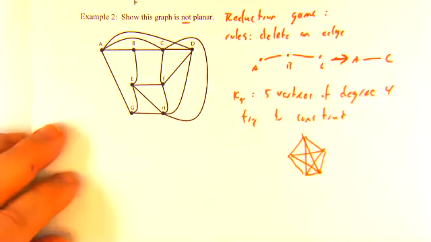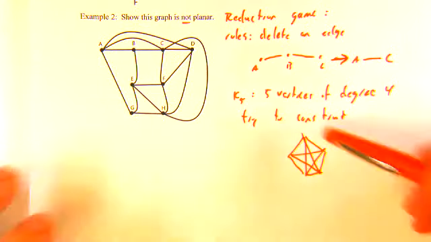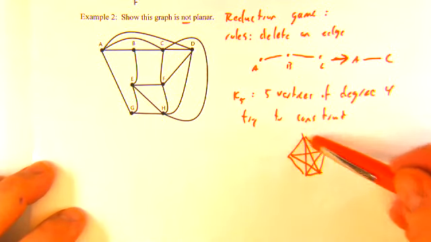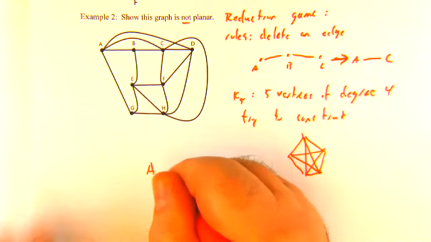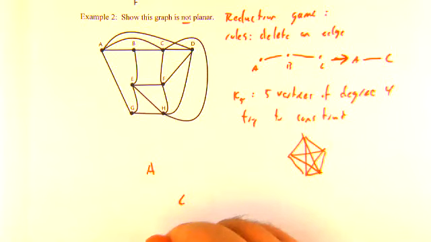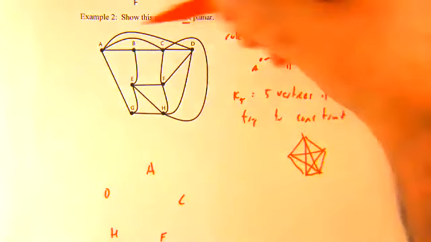That graph from this graph using these rules. So what I'm going to do is I need to redraw it so that I get a nice set of 5. So I'm going to pick A, C, F, H, and D, right?